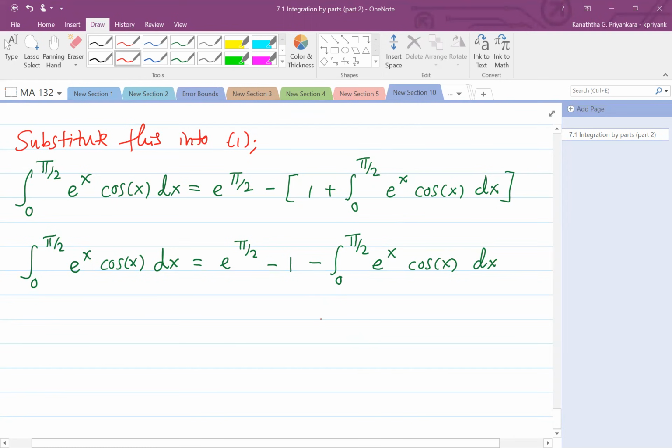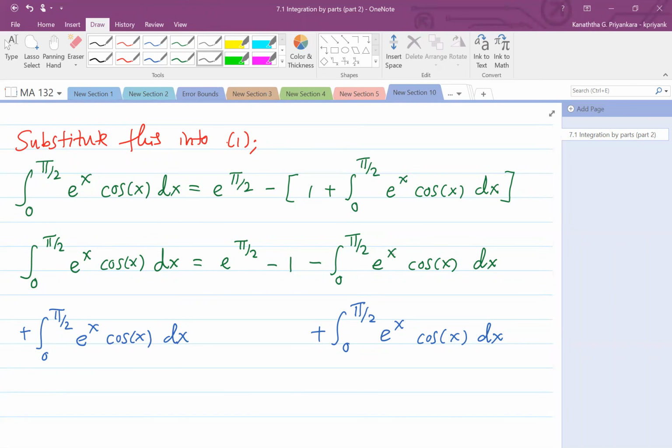So I'm going to add this integral to both sides, the integral from 0 to pi over 2 of e to the power x cosine x dx. So we can cancel out these two integrals.